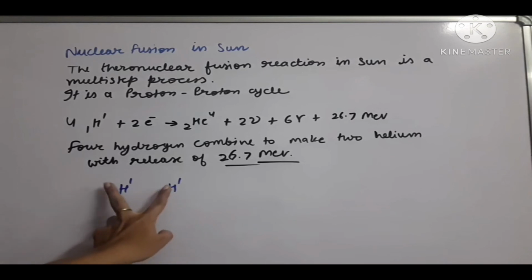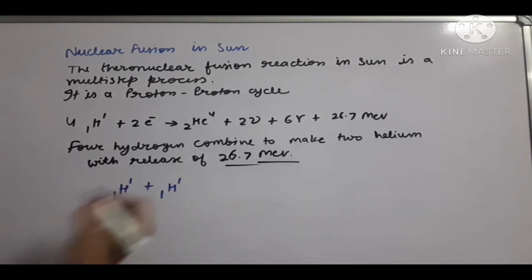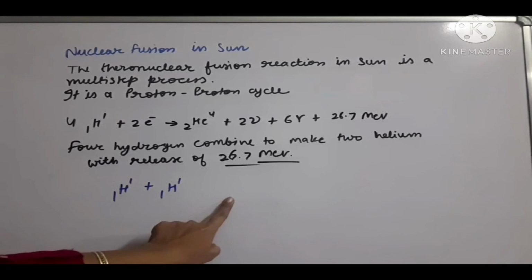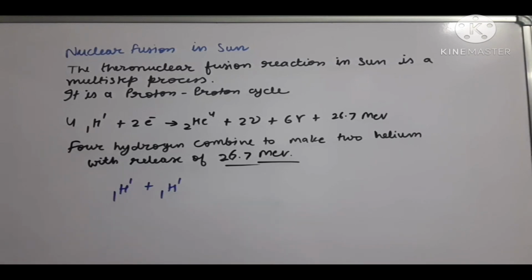So what happens when two protons come closer? They have to make helium, but not directly. When 1H1 and 1H1 combine, initially some isotopes are formed, 1H2, 2He3, like that, and finally 2He4 is produced.